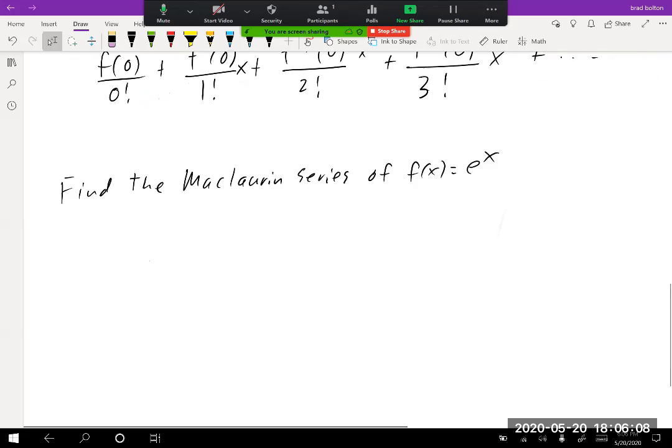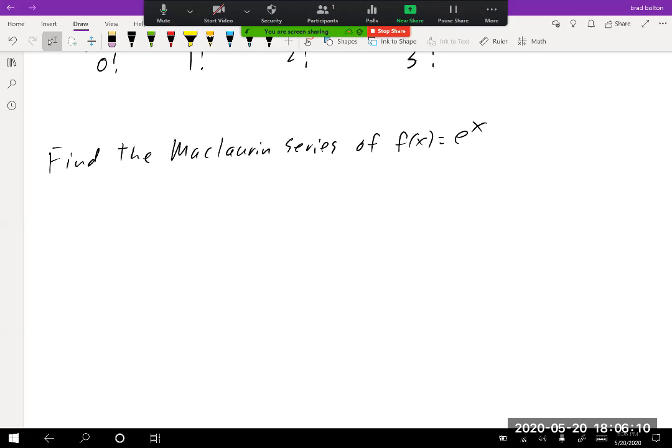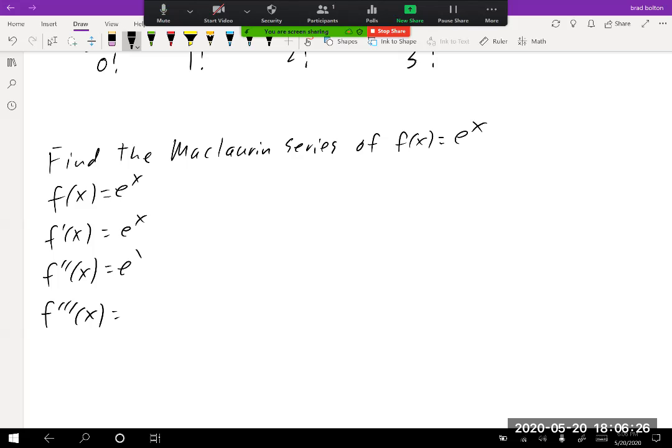So we're going to think about it the old-fashioned way. We're going to say, let's do f of x, let's do f prime of x, let's do f double prime of x, and you just build a few terms until you can see what's going on, okay? Now, the nice thing about e to the x is the derivative will not get out of control, right? We're going to have it really nice. And then we're going to say evaluated.